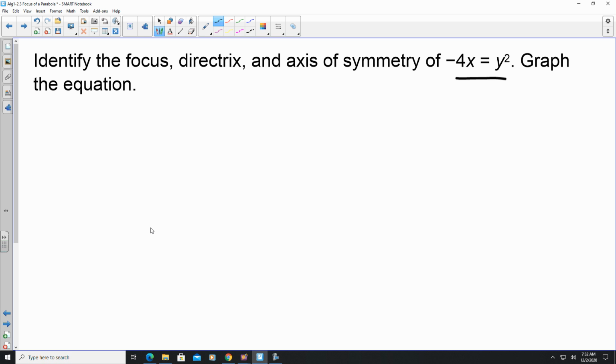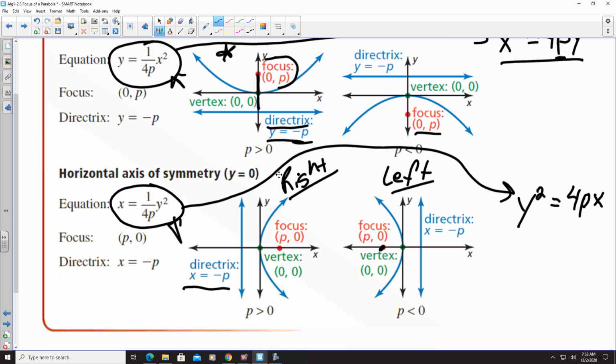Is it going to open up or down, or is it going to open right or left? Since my variable y is the one being squared, I know it's either going to go to the right or left, just by referencing this chart here, because y squared is there. That's why I know it's either going to open up to the right or left.